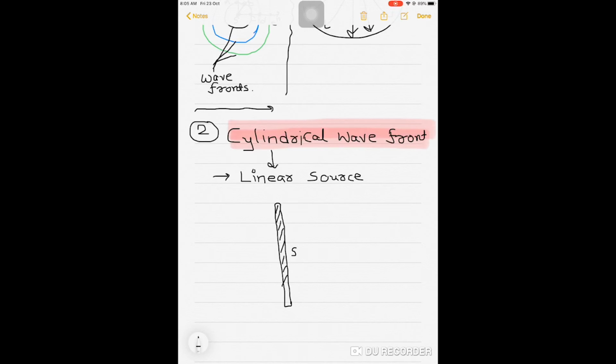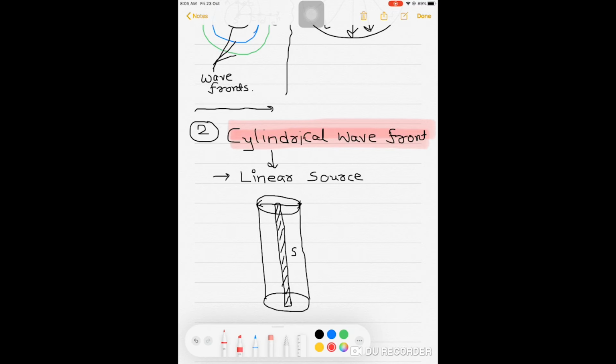If this linear source is given and we draw equidistant lines from it, we can say it will form a cylindrical shape in nature.